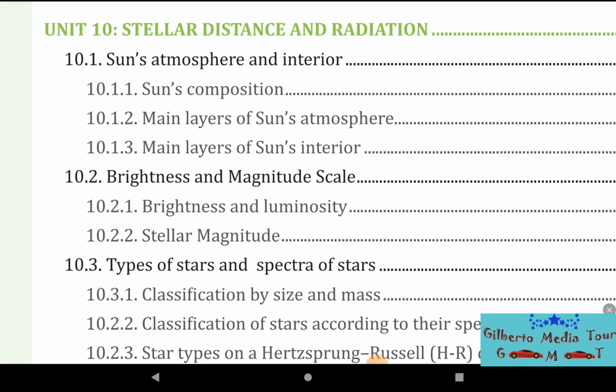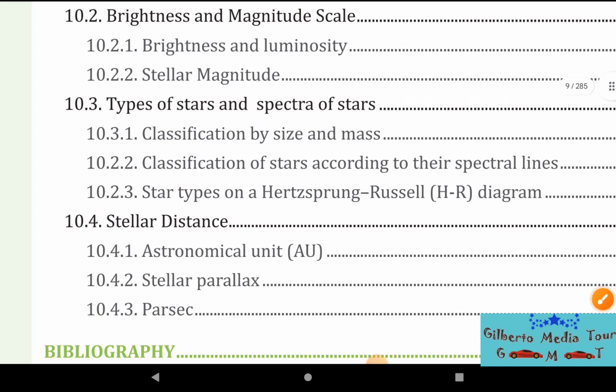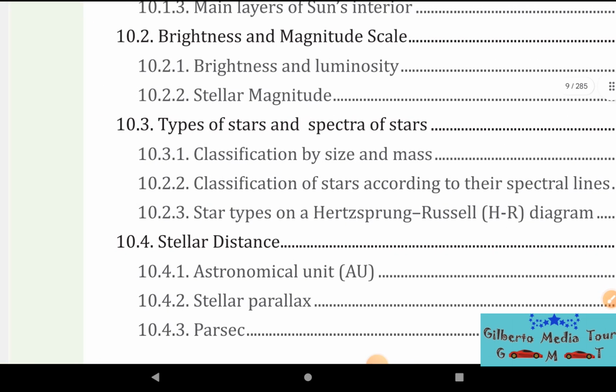So it is in this first point from unit number 10 we will be able to explain what is sun atmosphere and interior, internal part of the sun and exterior part of the sun, by looking at the sun's composition, main layers of the sun's atmosphere, main layers of the sun's interior. Also, the main points we shall see are brightness and magnitude scale, types of star and spectra of stars, and lastly we shall look at stellar distance.